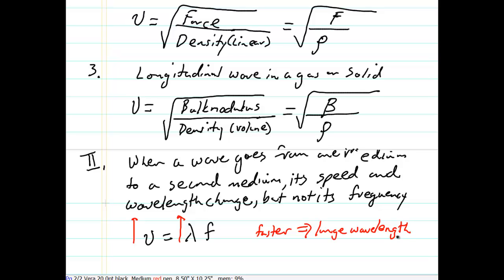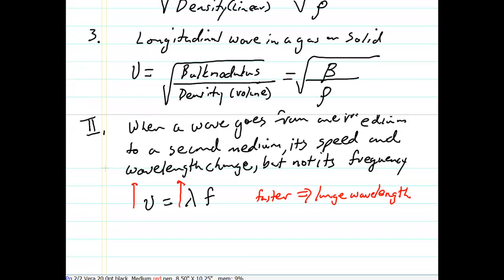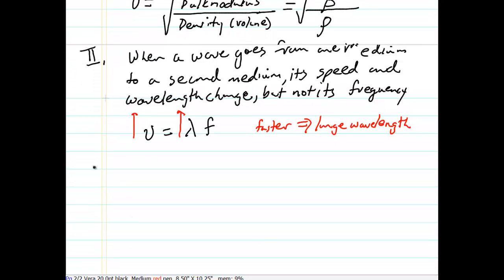So if the wave picks up speed as it goes from one medium to the second, then it will also have a longer wavelength. If it slows down, then it'll have a smaller wavelength. So let's look at a problem for this type of material.